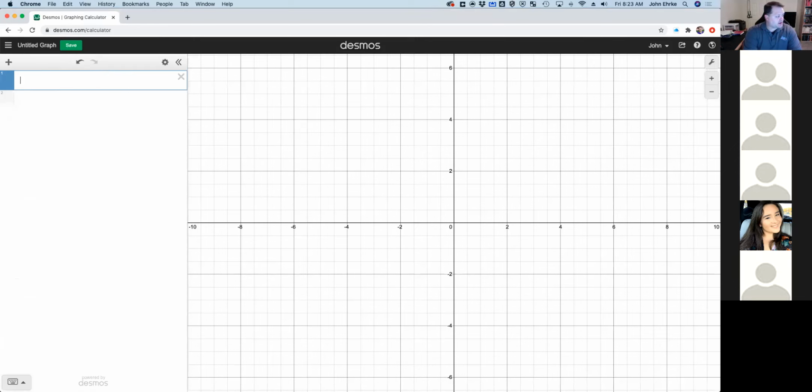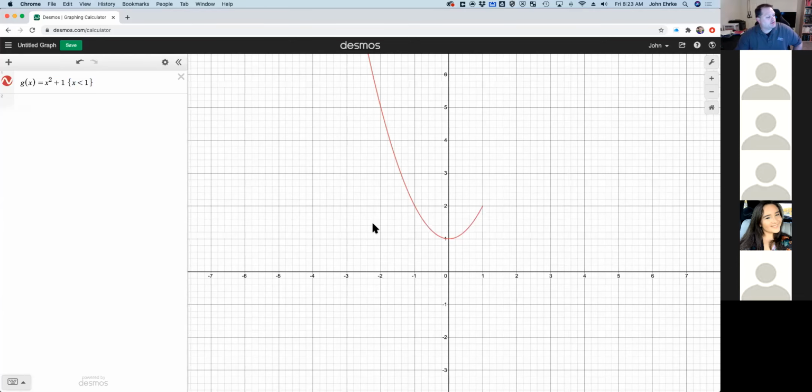So I'll say g of x is x squared plus 1, but we're limiting its domain to x less than 1. So you can see the first function there, the little curly braces out to the side limit the domain. So what Desmos will do is it'll draw in the correct function, x squared plus 1, but it'll only do it for x less than 1.